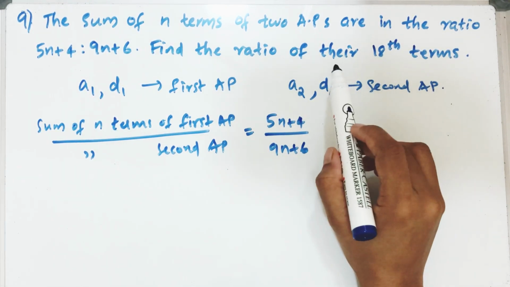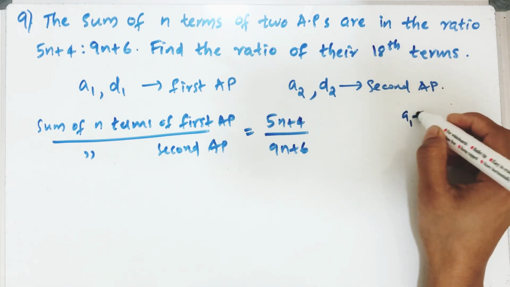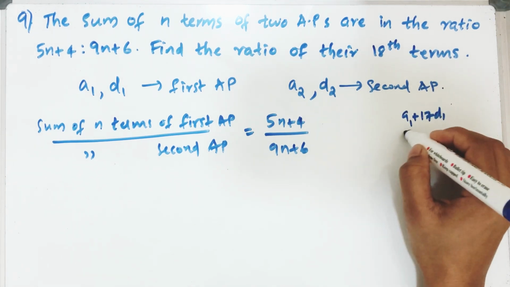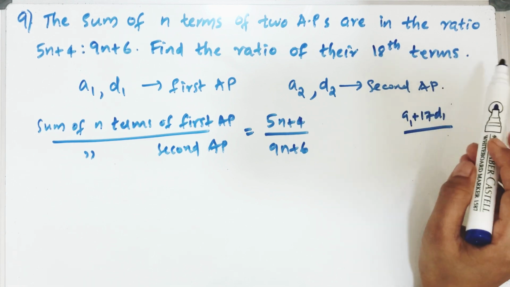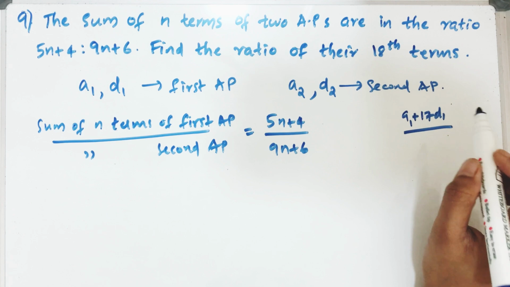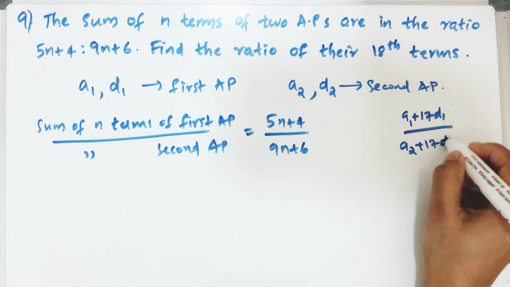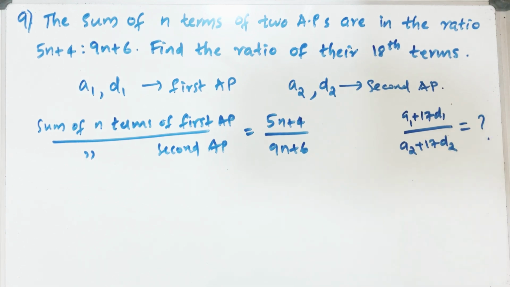We have to find the ratio of their 18th terms, that is A1 plus 17 D1 by A2 plus 17 D2. The nth term is A plus n minus 1 into D, so the 18th term is A plus 18 minus 1 into D.